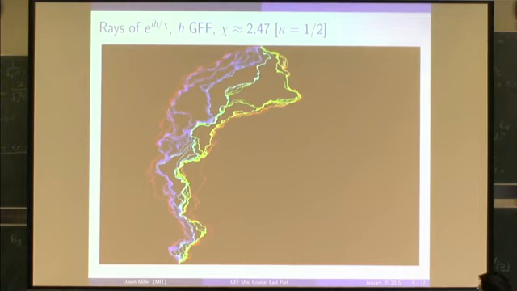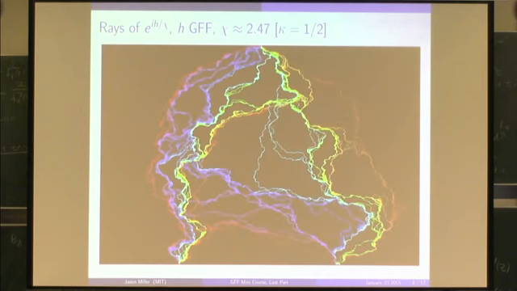So here is the same Gaussian free field where I'm firing a whole spectrum of rays with angle between minus pi over 4 and pi over 4. And now I've done the same thing, except starting from this other point here on the bottom.